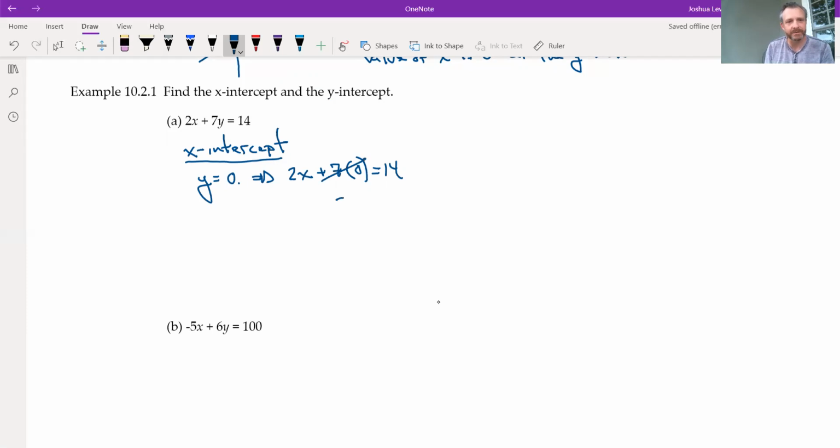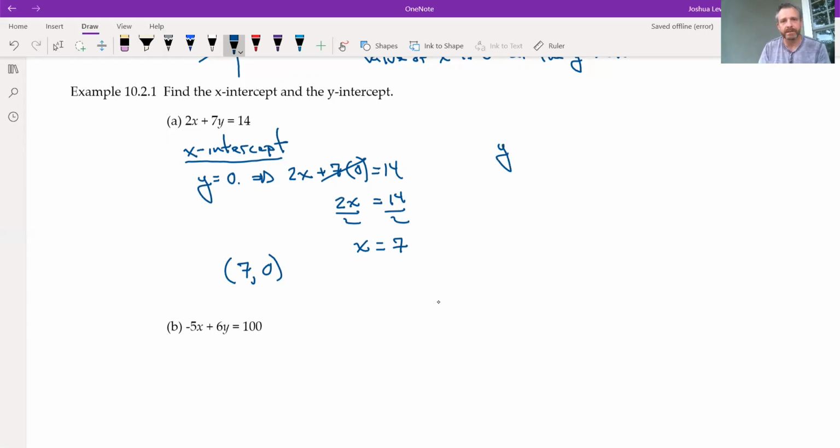That's just 0. So I get 2x equals 14. Divide by 2, and we get x equals 7. And so my x-intercept is the point (7, 0). Don't forget it's a point on the graph, but it's just also on the x-axis.